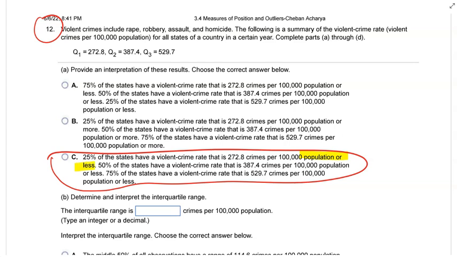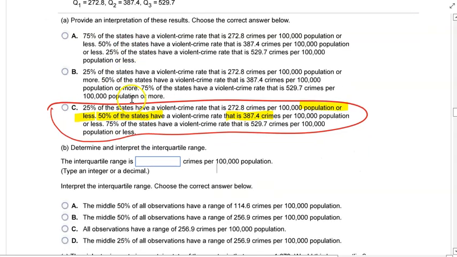And the second quartile means 50% of the violent crime is less than this number. 50% of the violent crime is less than 387.4. Okay, and the third quartile means 75% of the violent crime is less than 529.7 or less. Okay, that's the interpretation.